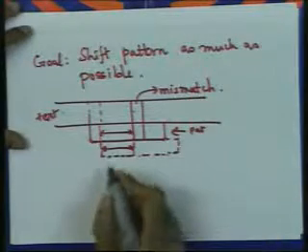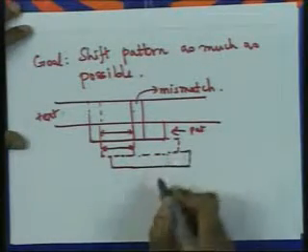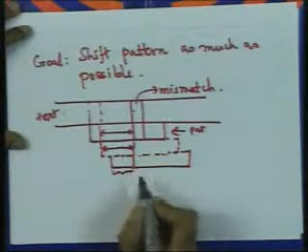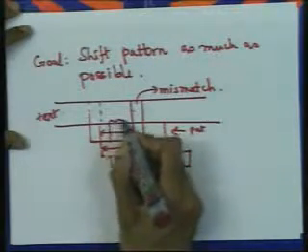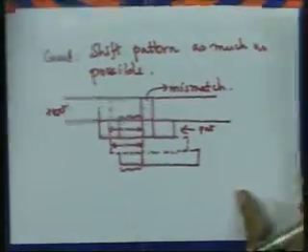How about 2? How about 2 characters? Again, it is the same thing, only now I am concerned about this portion of the text and that portion of the pattern. In general, let me draw this again.